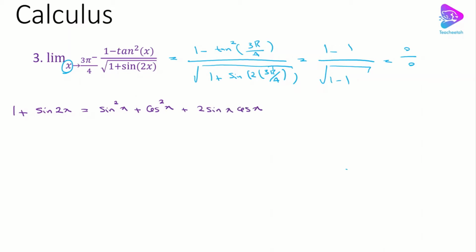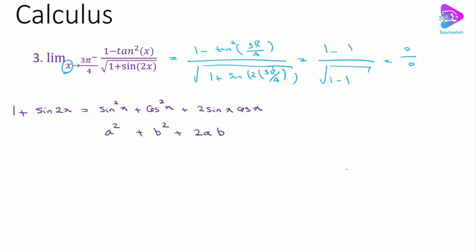Now this is very beautiful because we have sine squared x plus cos squared x plus 2 sine x times cos x, which means we have a squared plus b squared plus 2 times a times b.